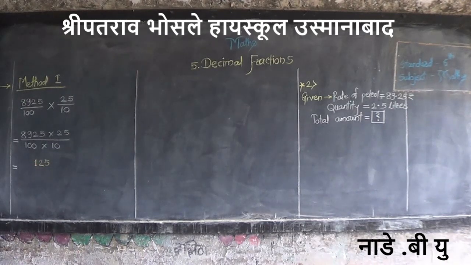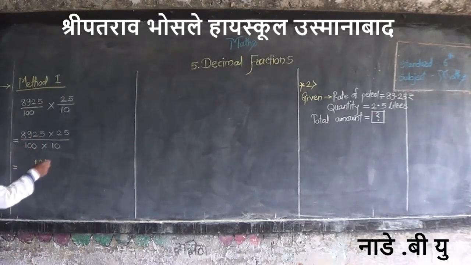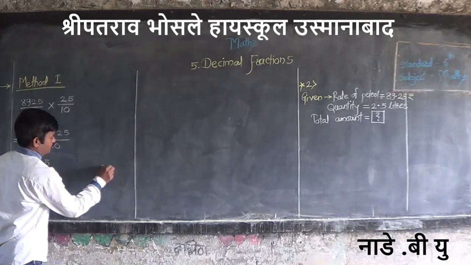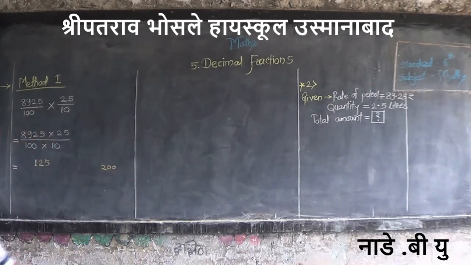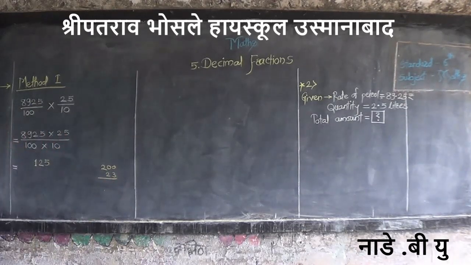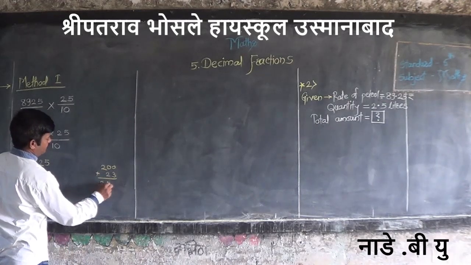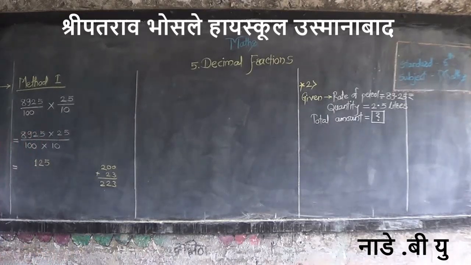Here carry is 23. The next digit is 8. 25 8s are 200, and carry 23. 23 plus 200 is 223. All digits are done.